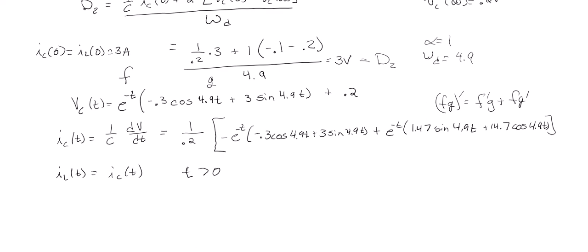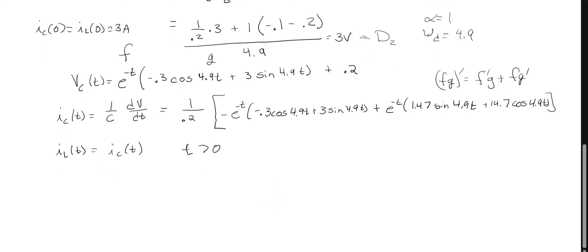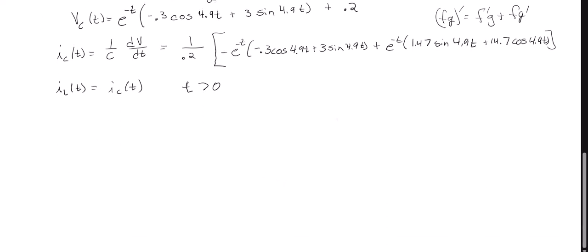If you plug in infinity, e to the minus t is going to be 0. So we should get 0 if we take the limit as t goes to infinity.